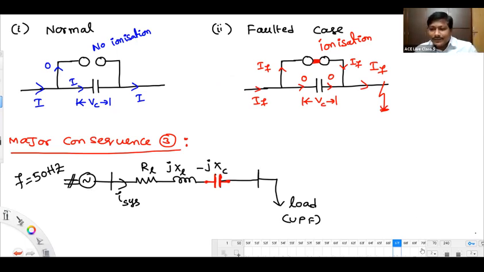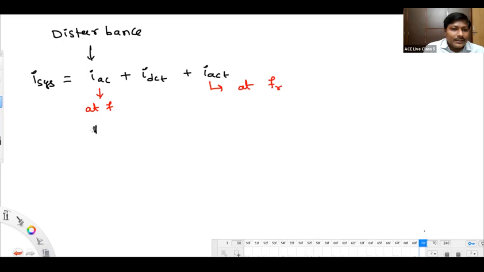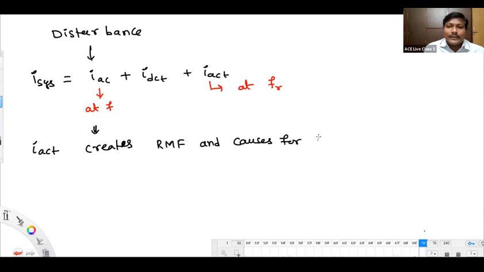Right. Listen please. So from this you can write: I AC transient creates RMF and causes torque in the air gap.